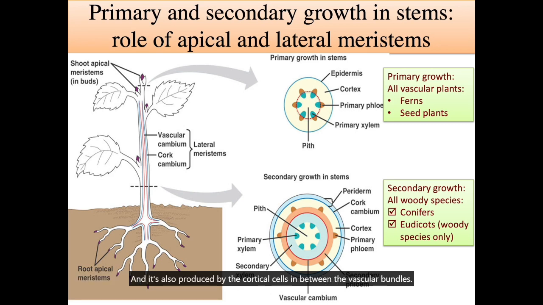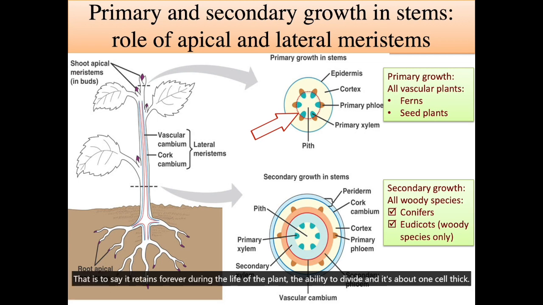And it's also produced by the cortical cells in between the vascular bundles. So now we have this nice ring, and this ring is a new meristem. That is to say, it retains forever during the life of the plant the ability to divide. It's about 1 cell thick, and there it is.